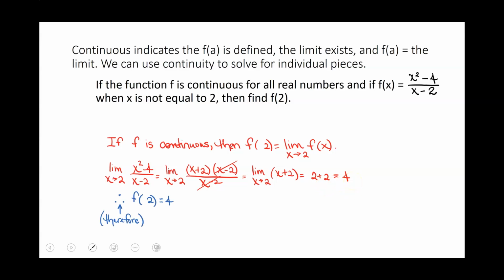So since the limit is equal to 4, then I know that f of 2 is equal to 4. These little 3 dots here mean therefore, so that would be our proof that f of 2 is equal to 4.